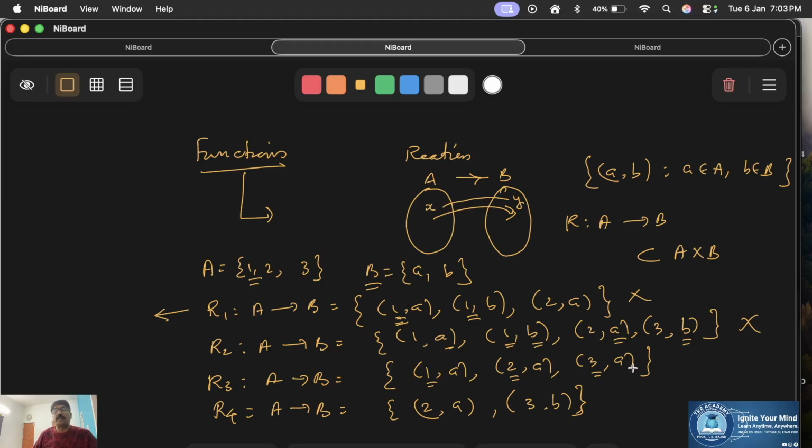So R3's conditions are satisfied, therefore this is a function. What about R4? Of course, 1, 2, 3 are the elements of A, but here 1 has no image. Not every element has an image. That condition is not satisfied. So this is not a function.